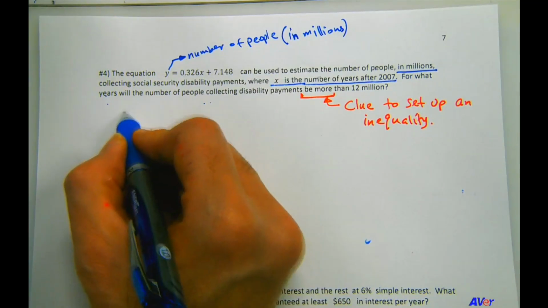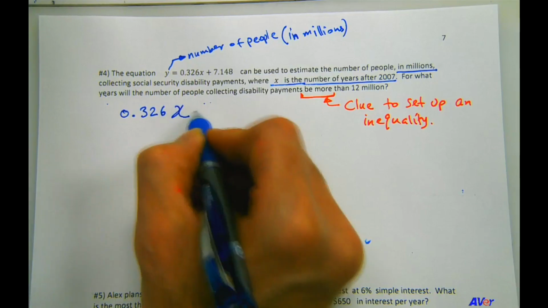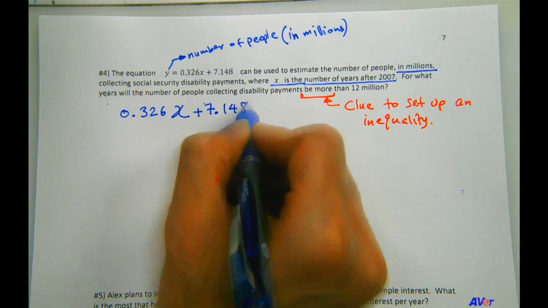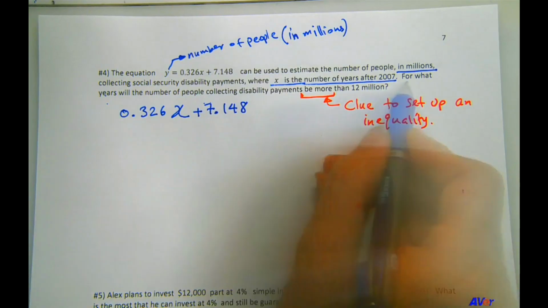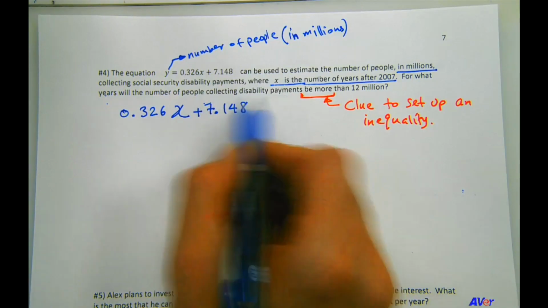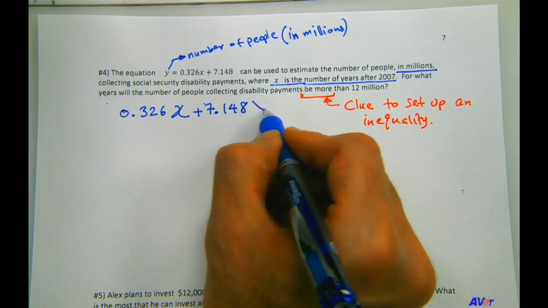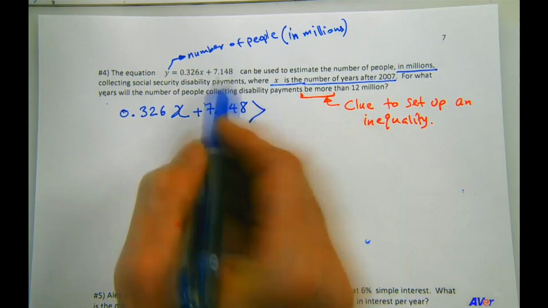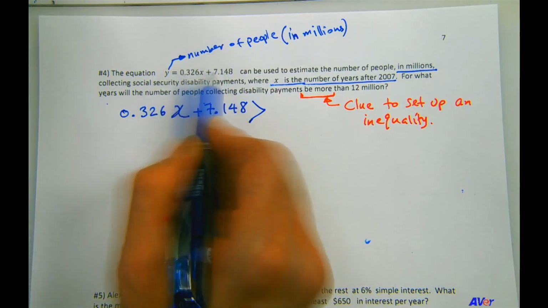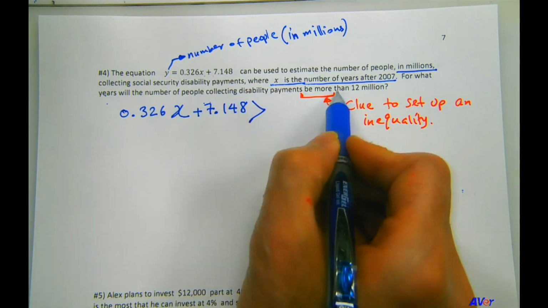So let's set this up: 0.326x plus 7.148. For what values of x, or number of years, will these disability payments be more than 12 million? More than, because this represents the number of people. We were told that, right? We know that equation represents the number of people.